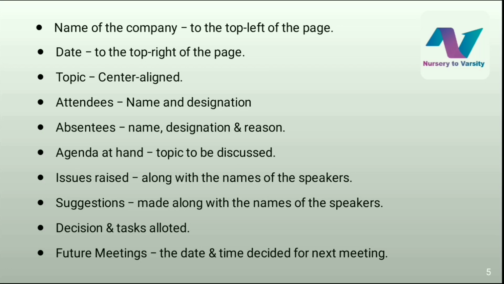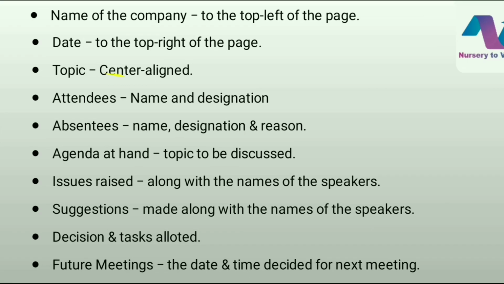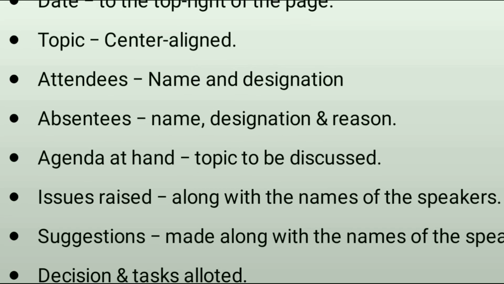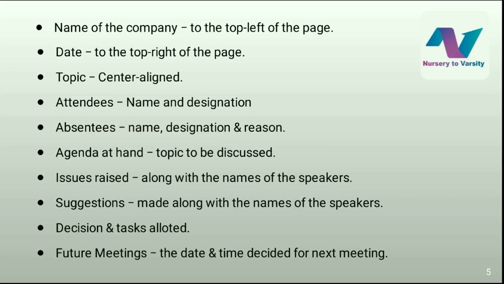Hence, issues raised and suggestions are very important columns which you should not forget. As I'm telling you this one by one, you should remember that they should be written in sequential order only. That is, after name, date, and topic, only then are these things written.